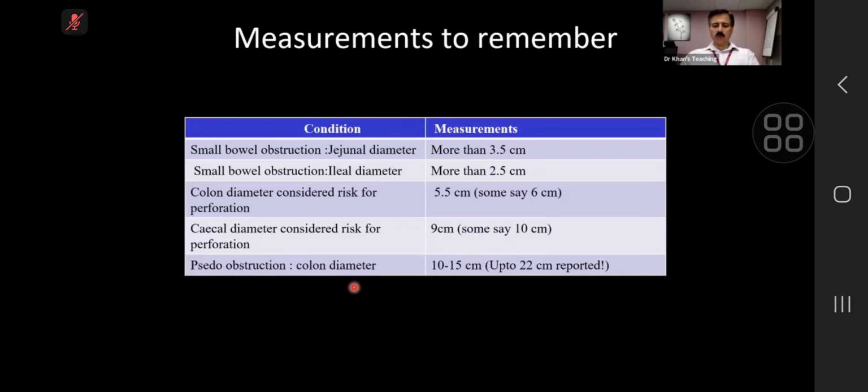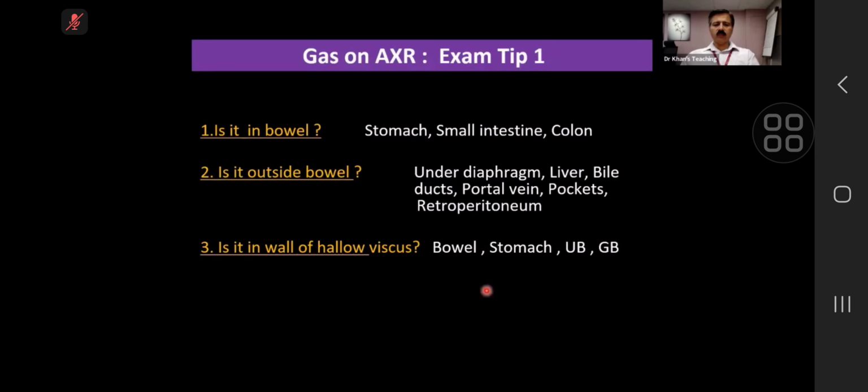They might come to you from care homes, etc. And all of these rules don't hold for them, and up to 22 centimeter bowel dilatation is reported. I think all of you know these, but this was just for revision.